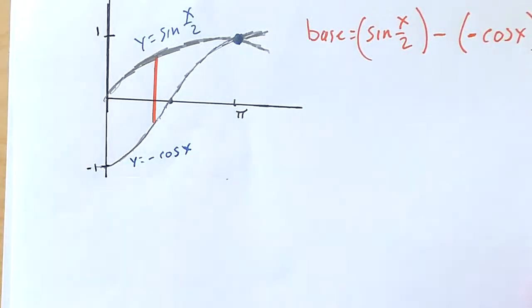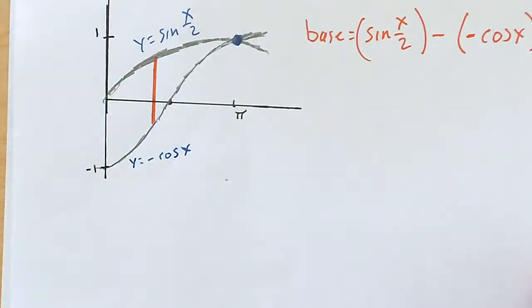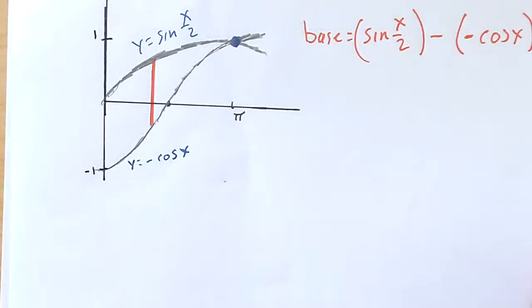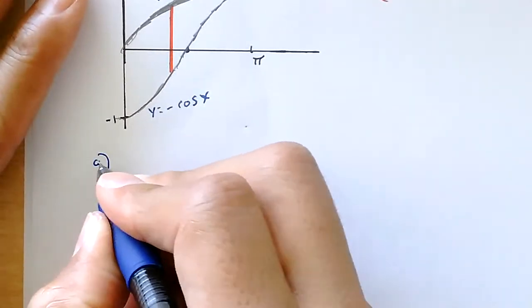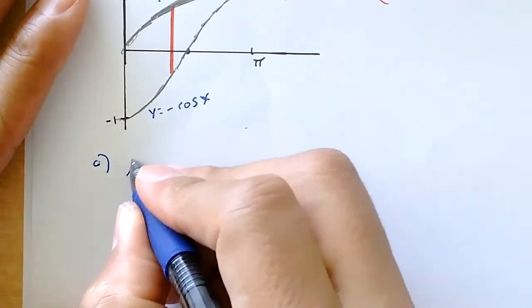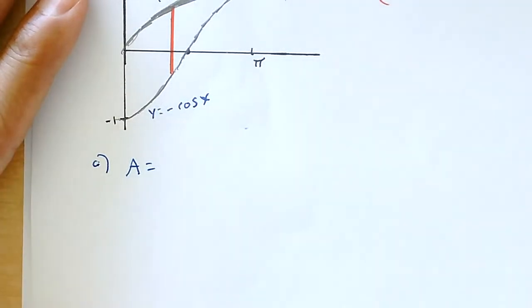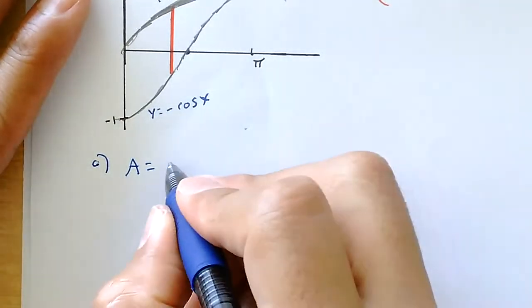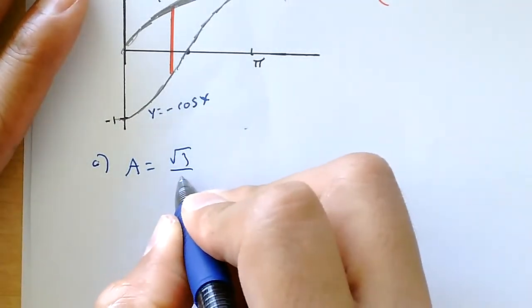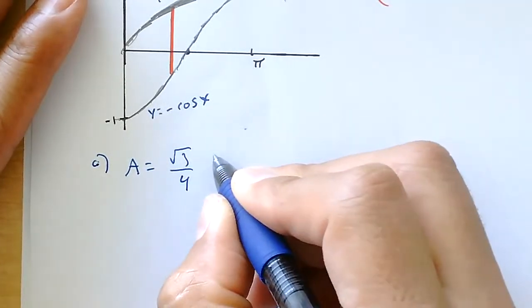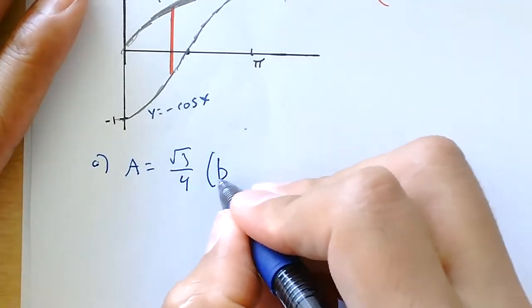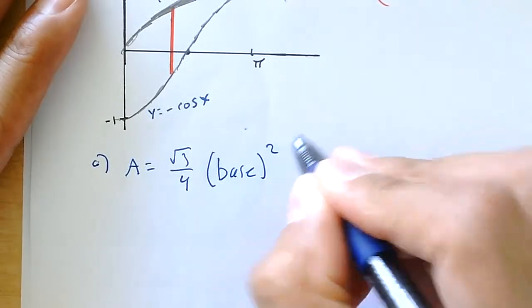Part A is an equilateral triangle. So for part A, because I have an equilateral triangle, I know that the area of the equilateral triangle is rad 3 over 4 times the base squared.